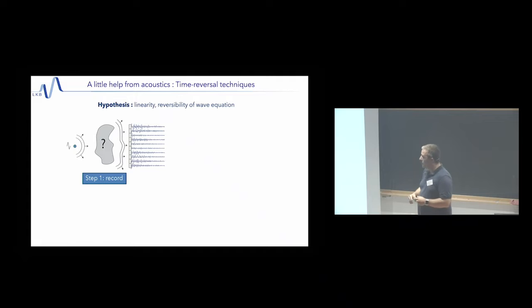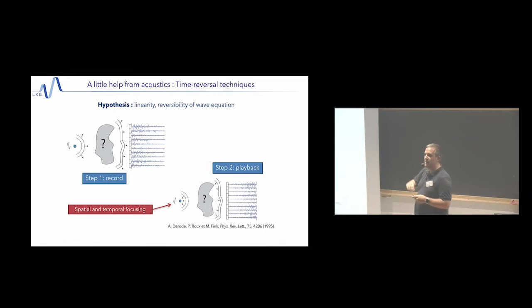Of course, there is a lot of work that has been done in acoustics, and many of the things we do are heavily inspired by the work of Matthias Fink and the Langevin Institute, where you really benefit from the linearity and the reversibility of the wave equation. You know that if you have a point source and you record through many diffusers, and now you play back in reverse, you will refocus in space and time on your source.